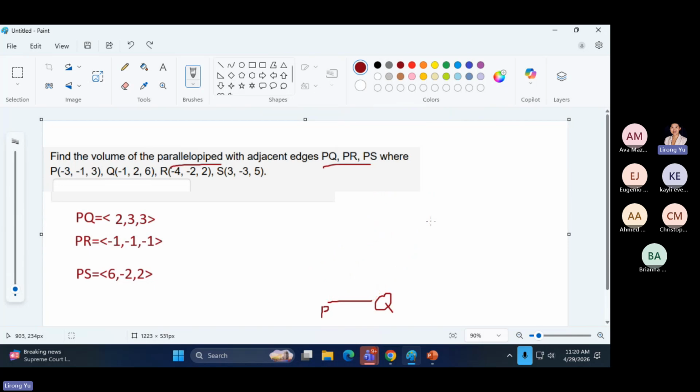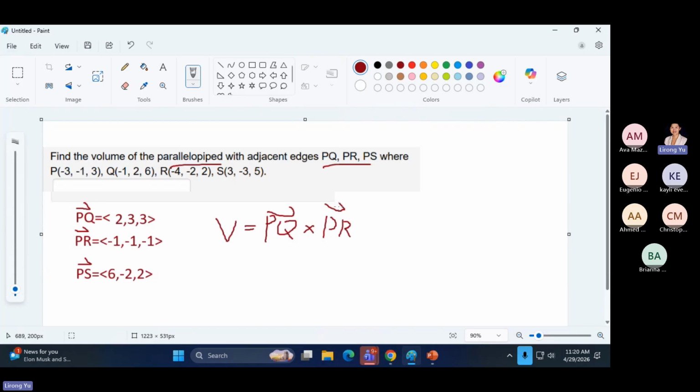What we want to do is calculate the volume of this figure. The volume calculation uses the triple product, so we do the cross product first. It's vector PQ cross vector PR. A triple product is a multiplication of three vectors, but you cannot do all dot products because you cannot dot between a vector and a number.